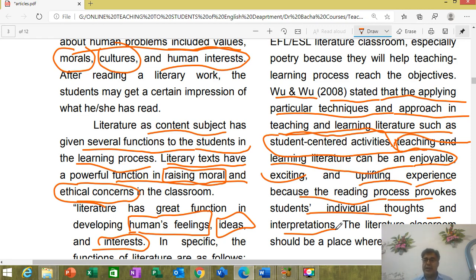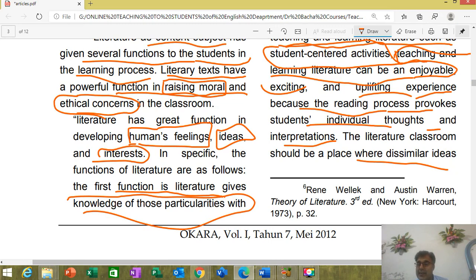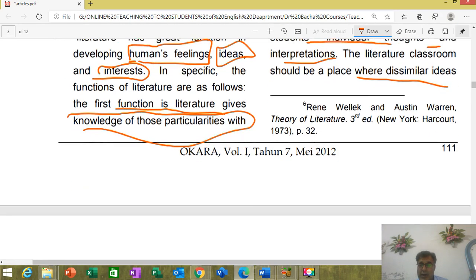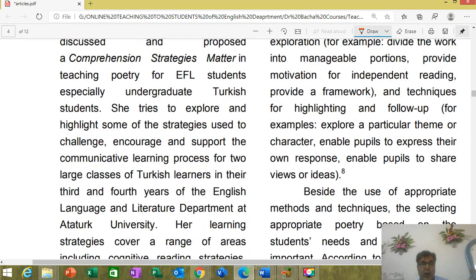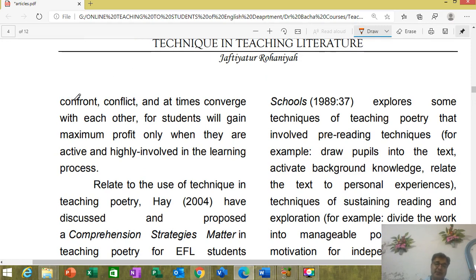So because the reading process provokes students' individual thoughts and interpretations, the literature classroom should be a place, now it's a million-dollar word, where dissimilar ideas conflict and at times converge with each other.